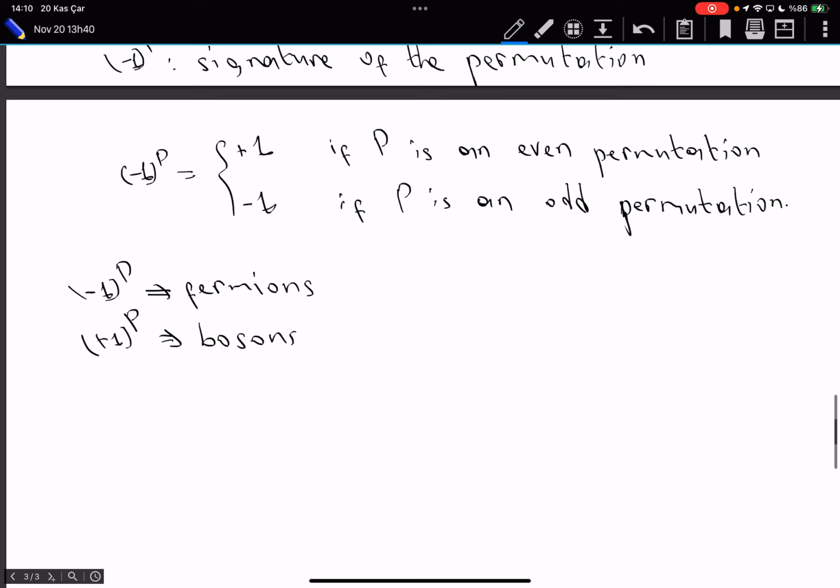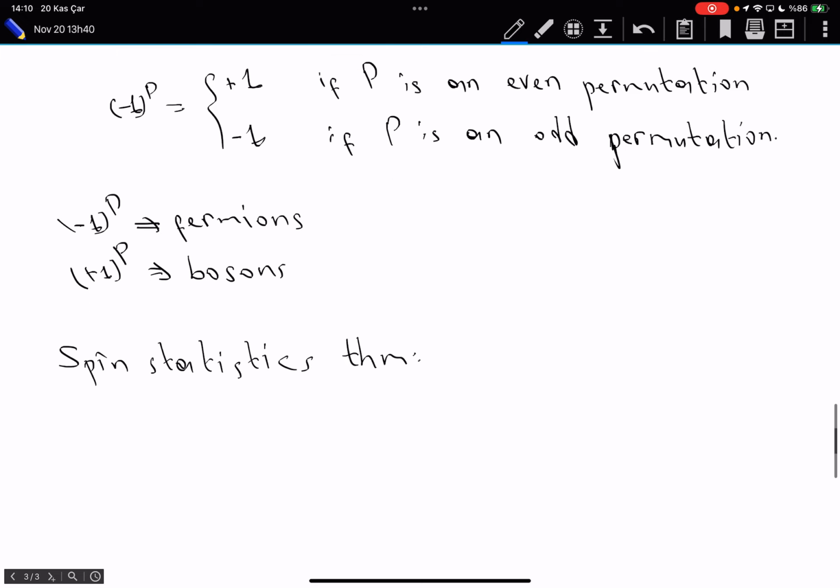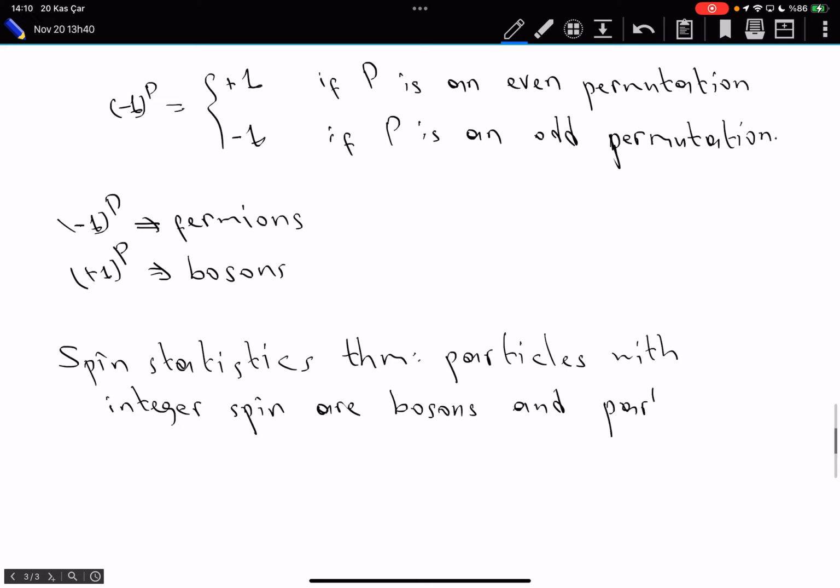Well, that is called the spin statistics theorem, which states that particles with integer spin are bosons, and particles with half-integer spins are fermions.